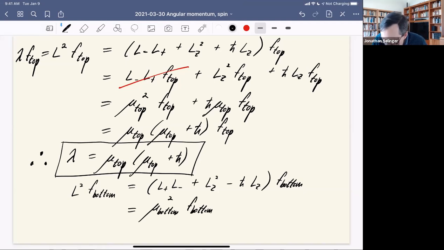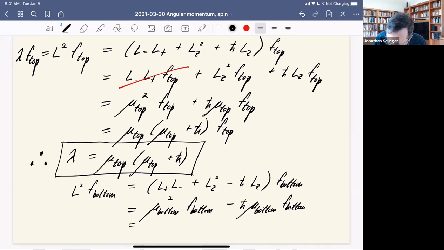And the last term is minus H bar LZ acting on F bottom, so that's minus H bar mu bottom times F bottom.